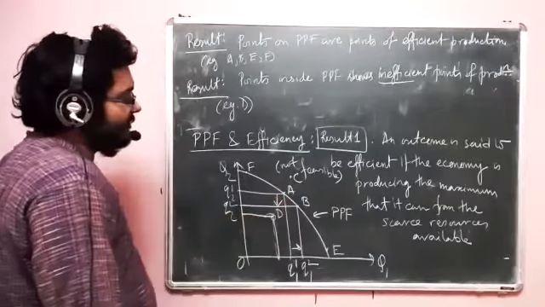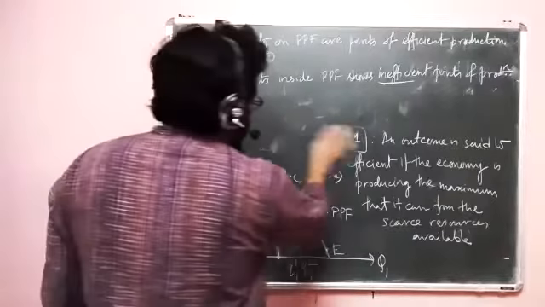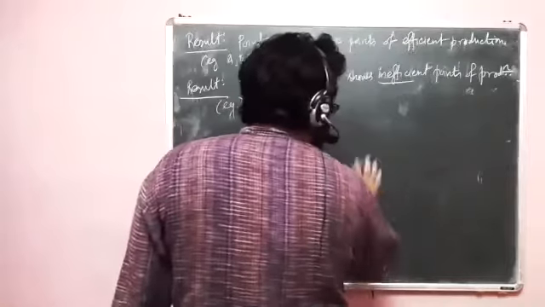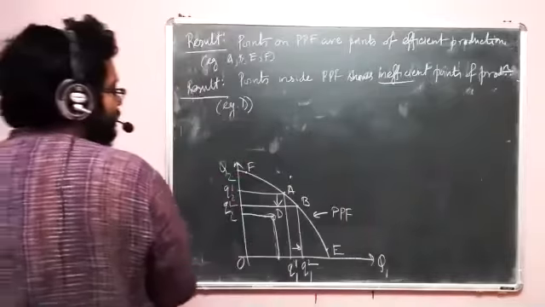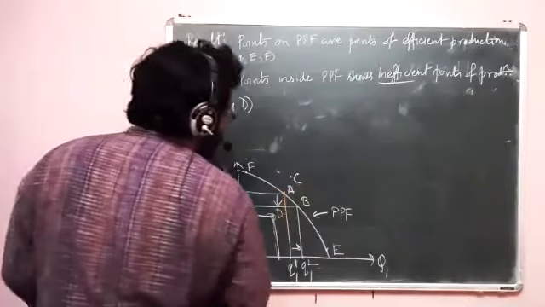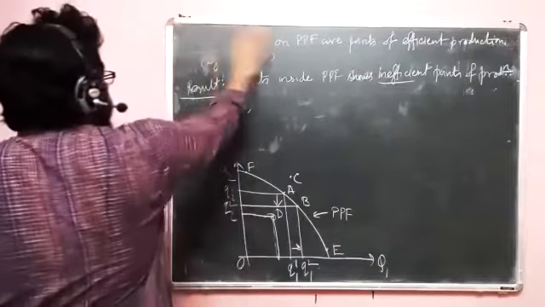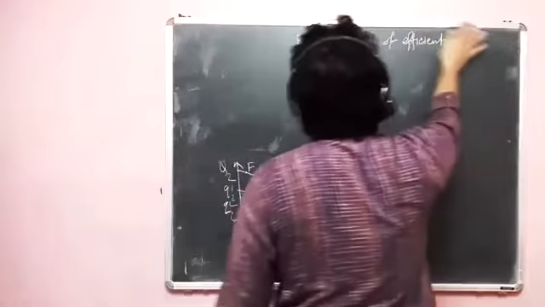Okay. So now, as we saw, on the PPF, if you want to go from A to B, you get higher output of one in terms of the lower output of the other. So that means PPF shows the trade-off that is involved in the production of both the goods. And by trade-off, we reach the opportunity cost.